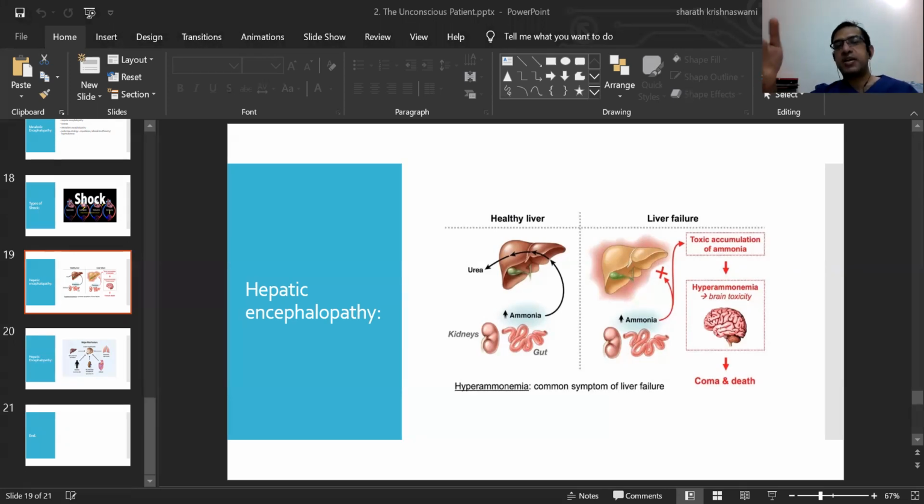The first sign of hepatic encephalopathy is denoted by an inverted sleep-wake cycle, meaning sleeping by the daytime and being awake during the nighttime. The second stage is marked by laziness, lethargy, and personality changes. The third stage is marked by worsened confusion.